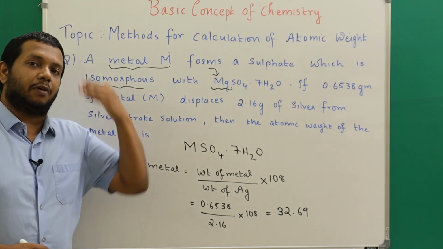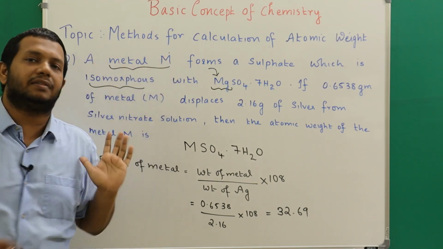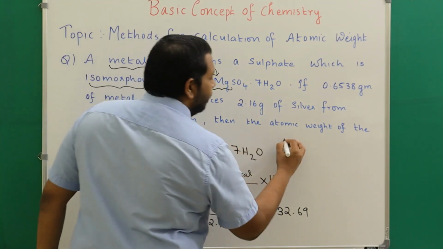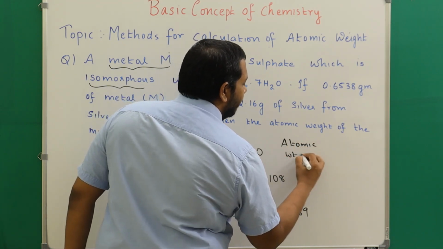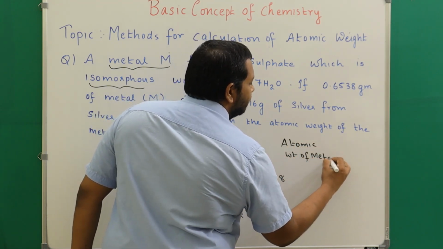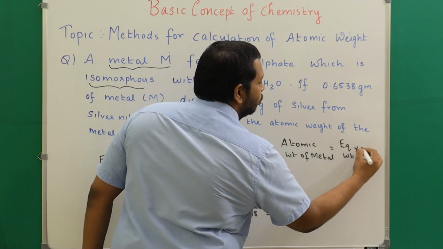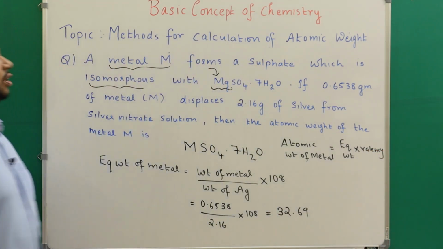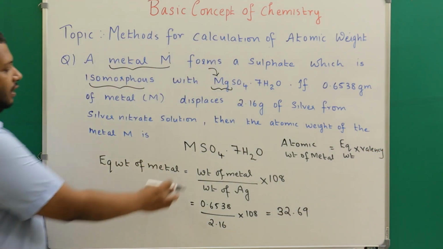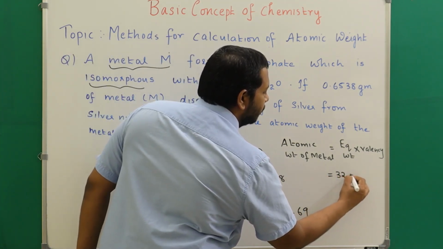We know from our first formula, what is atomic weight? Equivalent weight into valency. So I can write atomic weight of the metal is equal to equivalent weight into valency. Correct? Equivalent weight we have calculated, that is coming around 32.69.